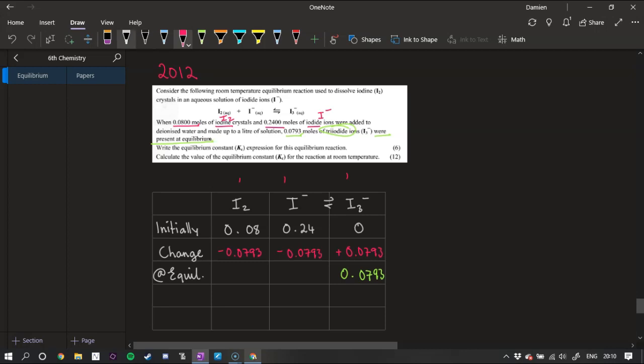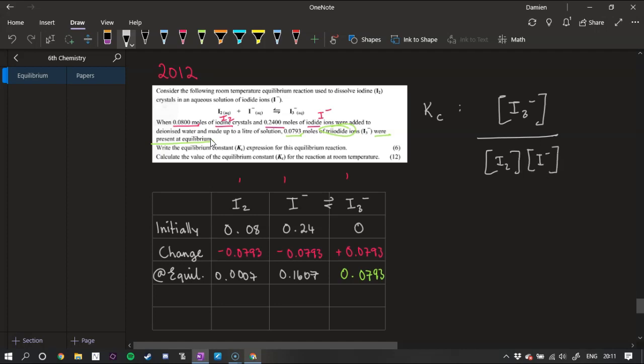And then you do the calculations. This particular one leaves us with 0.0007. This one here is going to leave us with 0.1607. And then we're going to go work out Kc. So Kc for this reaction is going to be the concentration of your I3 minus ions, all over the concentration of the I2 multiplied by the concentration of the I minus.